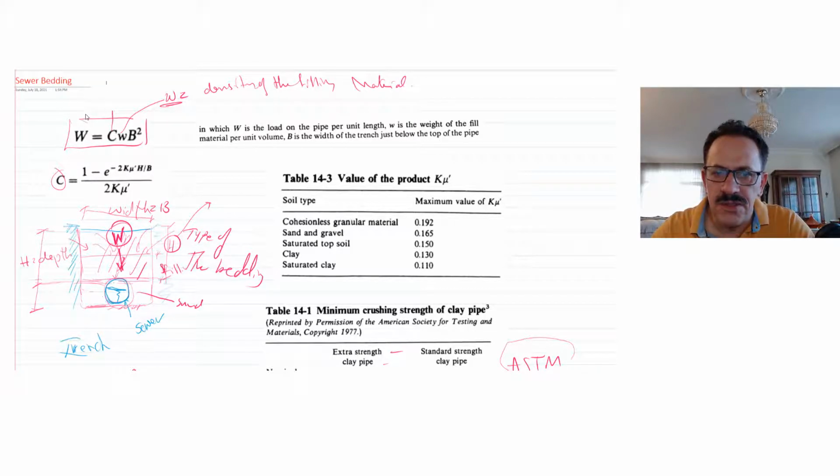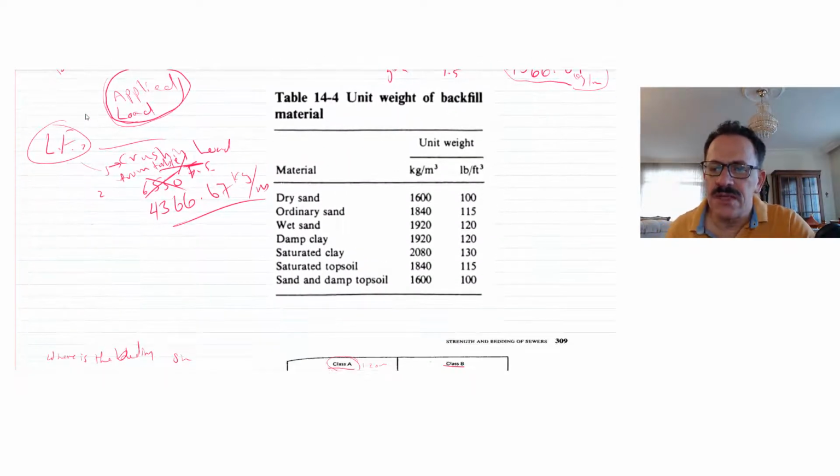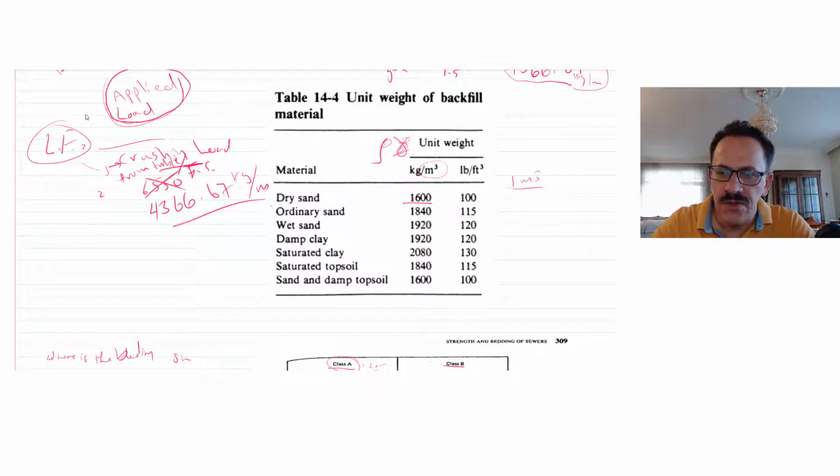For example, if I am using just sand, for dry sand the gamma, the density of this material, will be 1,600 kilogram per meter cube. It means 1 meter cube of the sand used for filling will have a load of 1.6 tons.